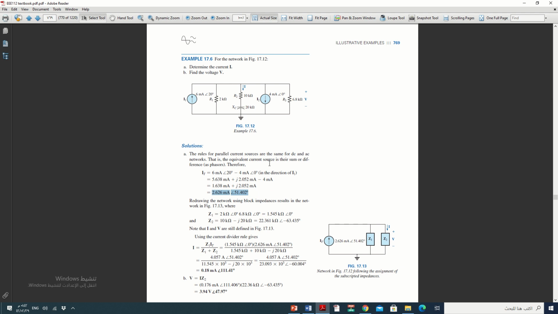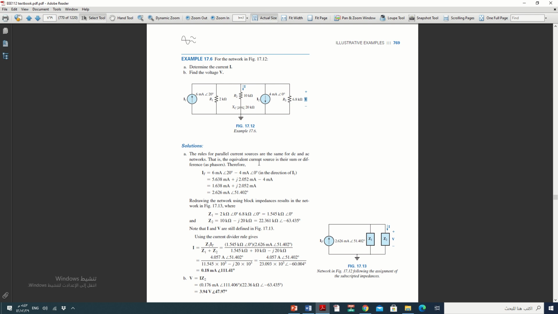Okay, and find voltage V. Where is voltage V? In the circuit here. We need to find the current going here and multiply by R3, and you will find V, which is required here.